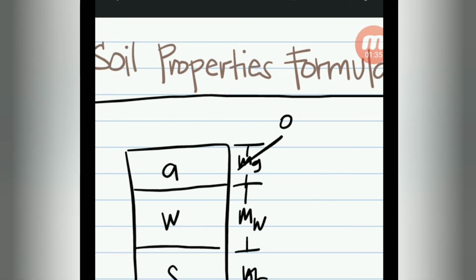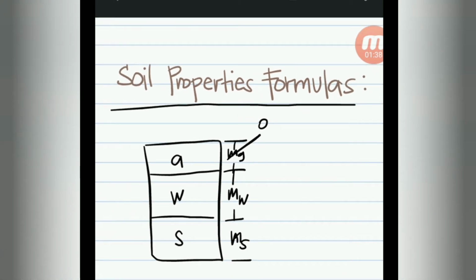This only means that in a soil sample, the mass is mainly composed of just the mass of water and the mass of solid particles present in it. That also means that if air is negligible in mass, then air must also be negligible in weight. So the weight of air is also negligible.